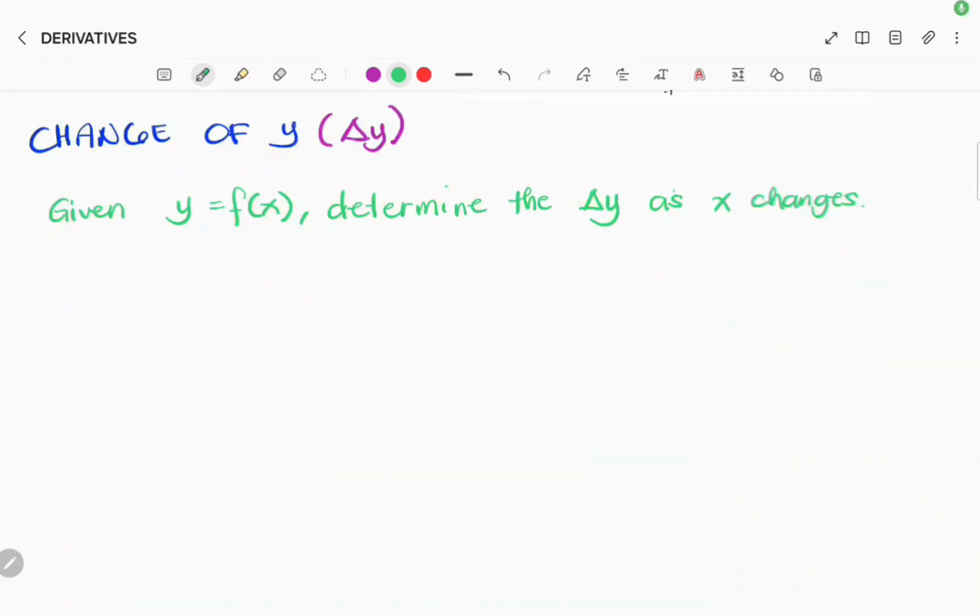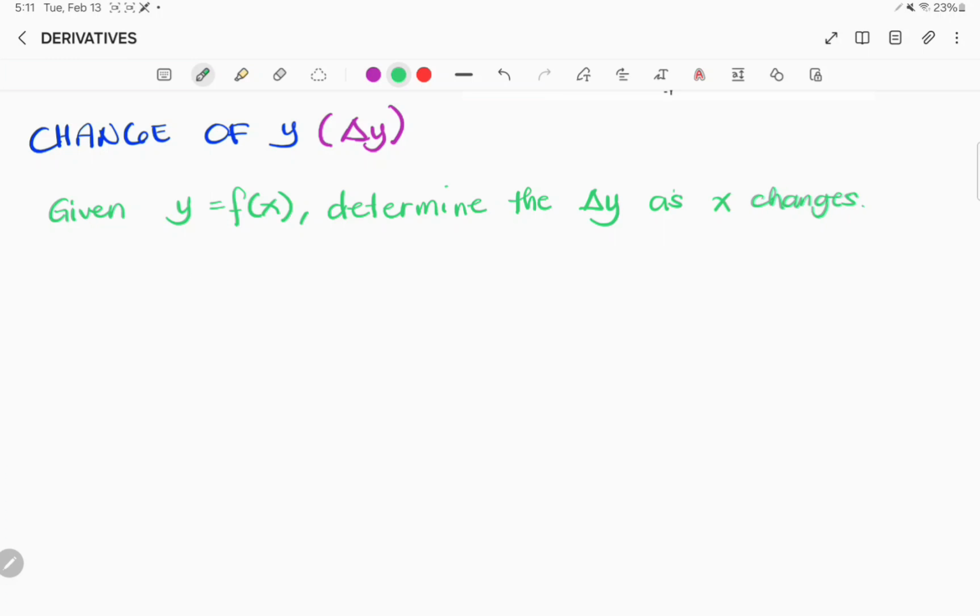Change of y or delta y, given that y is equal to f of x, we have to determine the change of y as x changes. So in order to do this, we expect that x is going to be changed by adding a certain amount of increment.